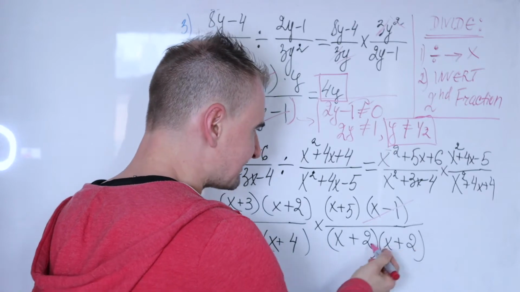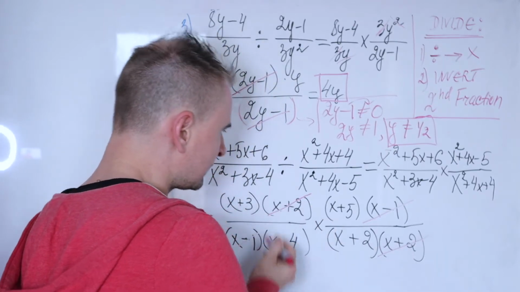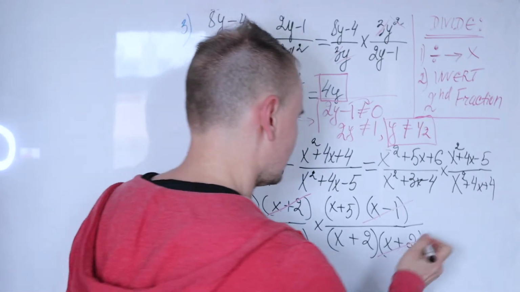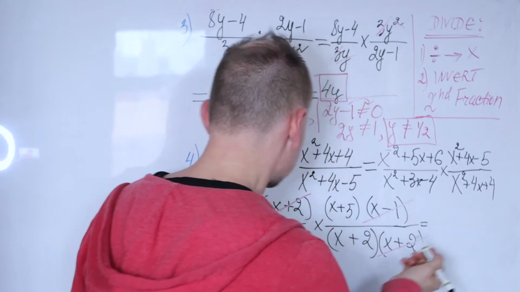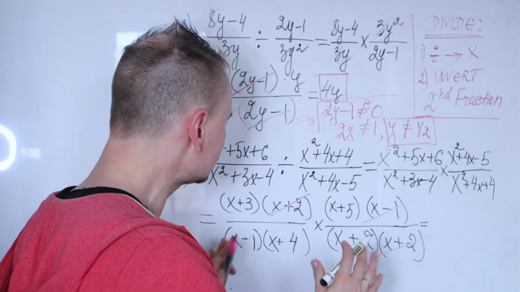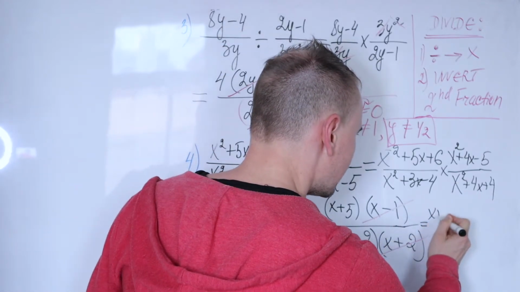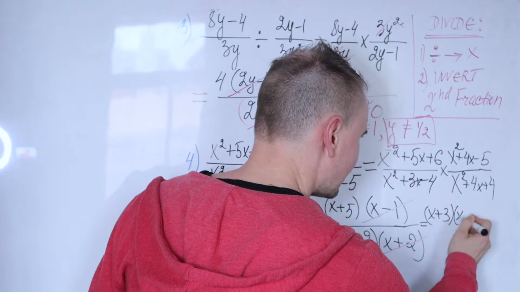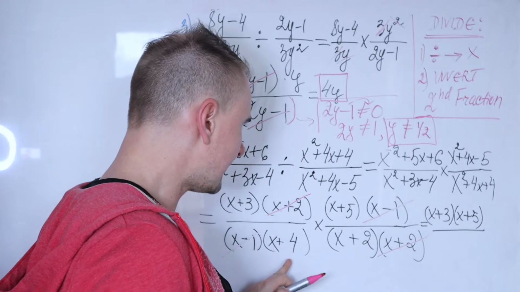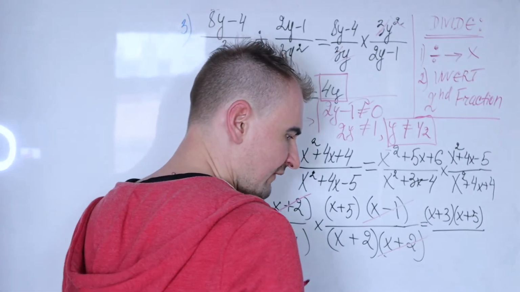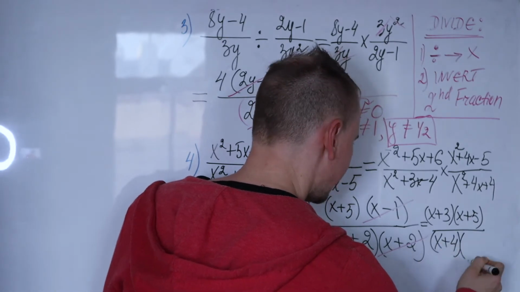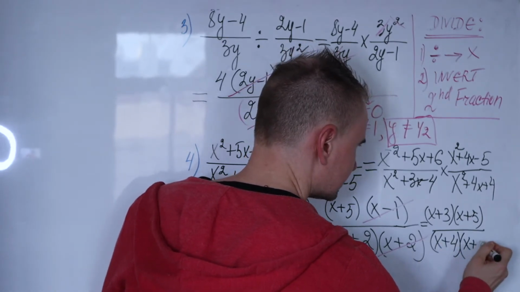And also x plus 2, I believe, would be cancelled out. So you would be left with just what's left over. We have x plus 3, nothing else done with cancellation. So x plus 3 on top and x plus 5 left over on top. And what's left over on the bottom? You have x plus 4 and a second parenthesis, x plus 2.